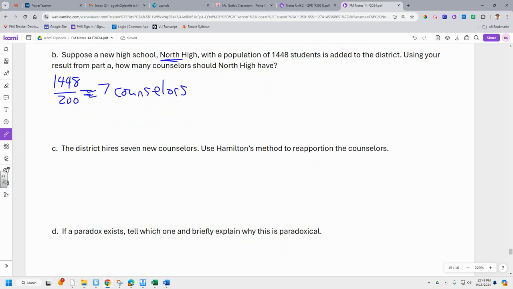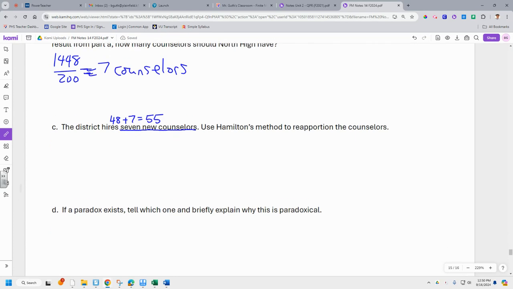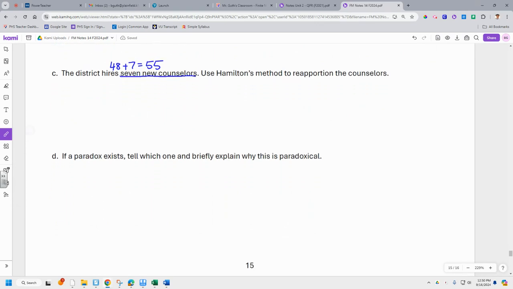Part C says the district hires 7 new counselors. What a coincidence. Use Hamilton's method to reapportion the counselors. There were 48, now there's 7 more, so now we've got a total of 55 counselors to apportion. Now I didn't give a whole lot of room here, so make sure you write small. East High had 1688.